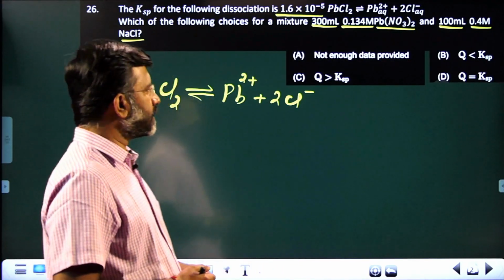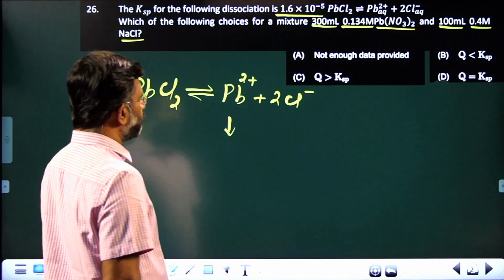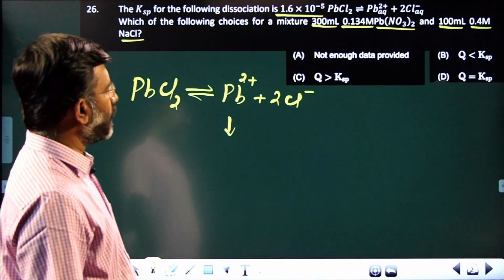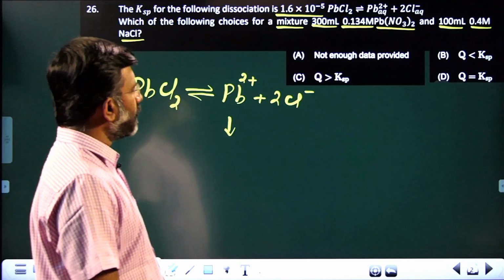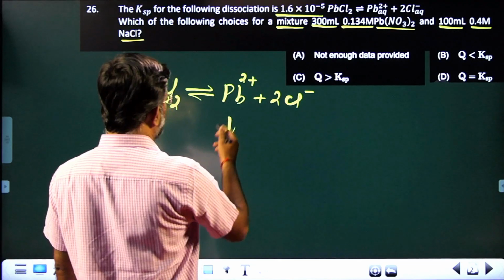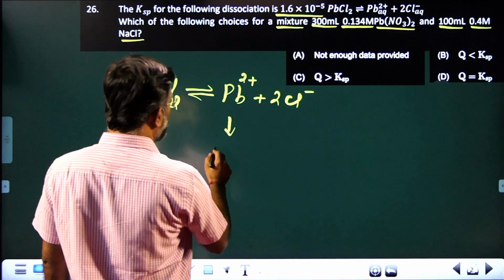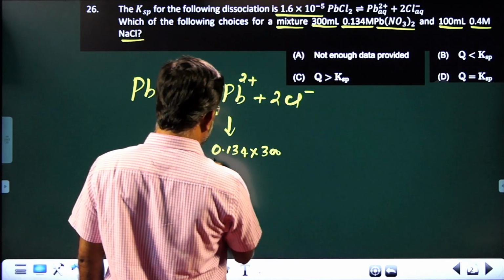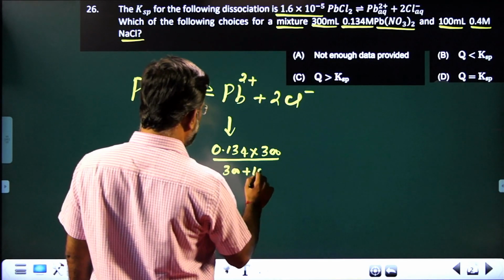Let us try that. The concentration of Pb2+ available is from 300 ml 0.134 molar lead nitrate, which you are mixing with 100 ml 0.4 molar NaCl. So the concentration of Pb2+ will be 0.134 into 300 ml divided by the final volume, 300 plus 100.